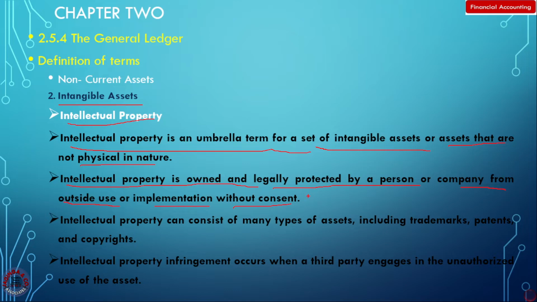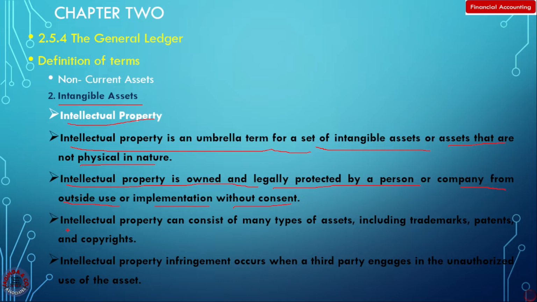So this could be an idea that you legally protect. So maybe you've come up with an idea that you want to implement, maybe an invention of a vehicle, but you will protect that idea, you've invented it. So when somebody has to use it, they have to buy it from you. You have to authorize them to use it. So the idea that you have is an asset, but it does not have a physical form.